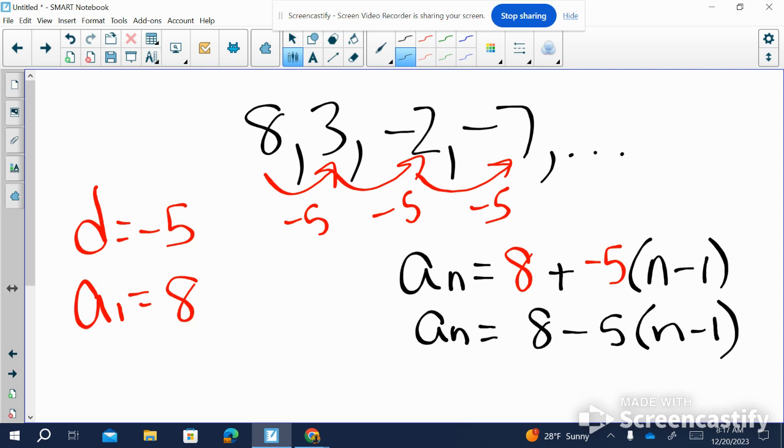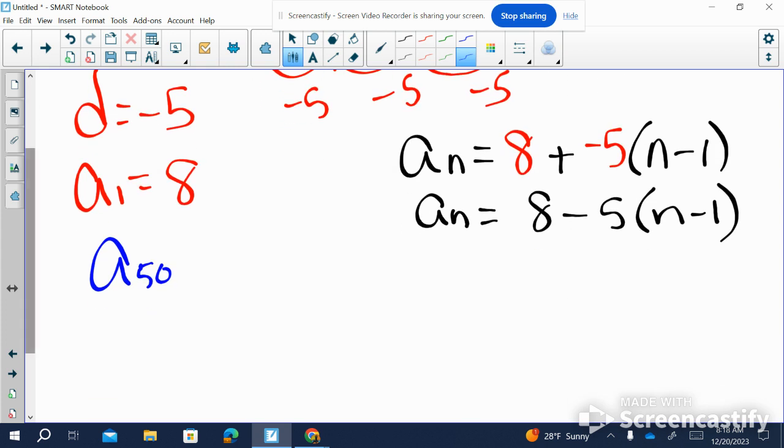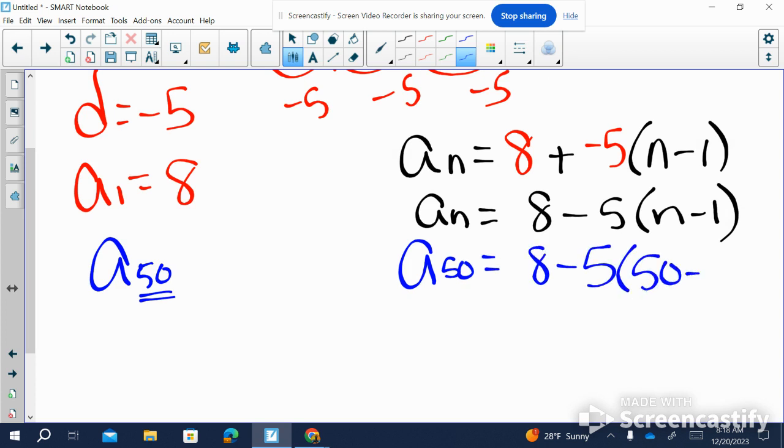If I want to find which term is that? It's the 50th term. If I want to find the 50th term, I'm going to plug in 50 anywhere I see an n. So a sub 50 equals 8 minus 5 times 50 minus 1, okay, which equals 8 minus 5 times 49.